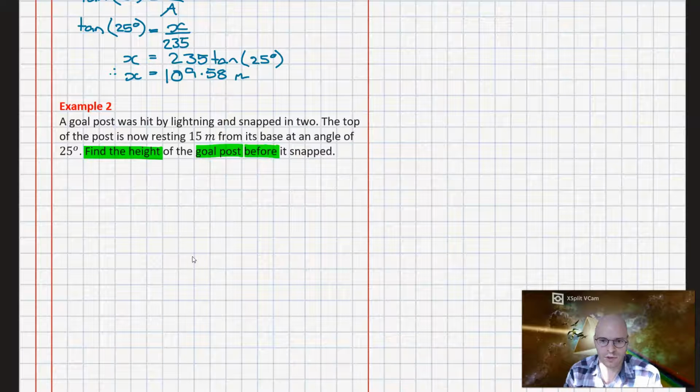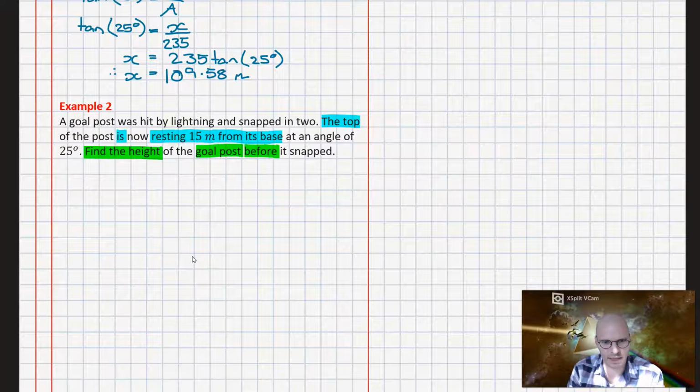Next sweep through, I'm going to look for the useful information. A goalpost was hit by lightning and snapped in two. That's not very helpful. The top of the goalpost is now resting 15 meters from its base, and it's at an angle of 25 degrees.